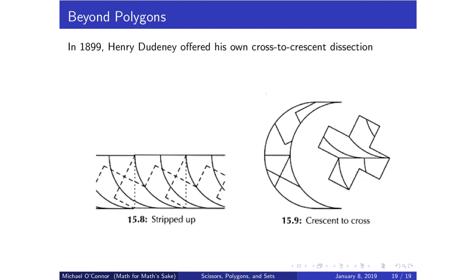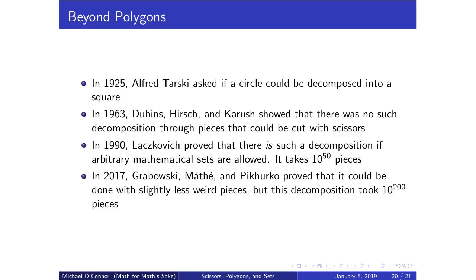But one thing to note here, which is crucial, is that this line is convex and this boundary is concave, and they exactly cancel each other out. This allows you to arrange things and form a piece with no convexity or concavity all around it. And in 1925, Tarski wondered, what if you don't?